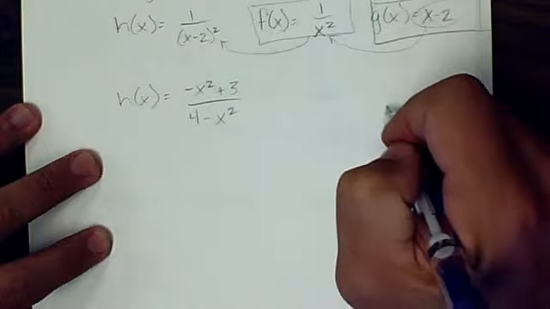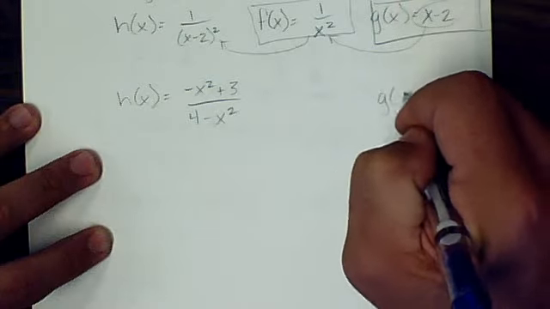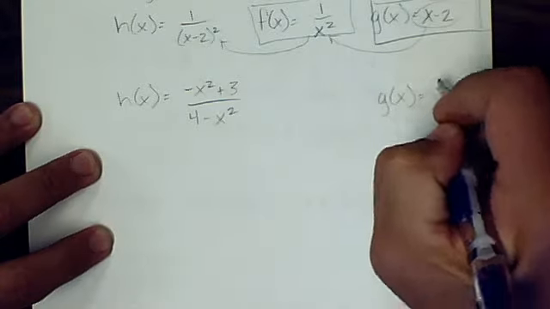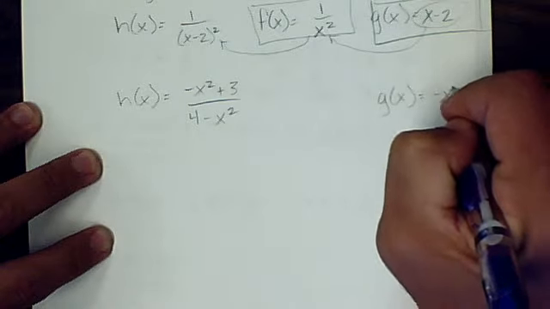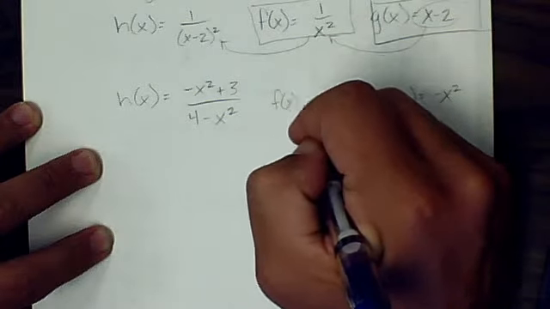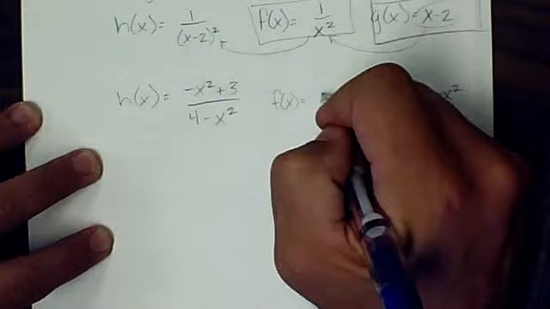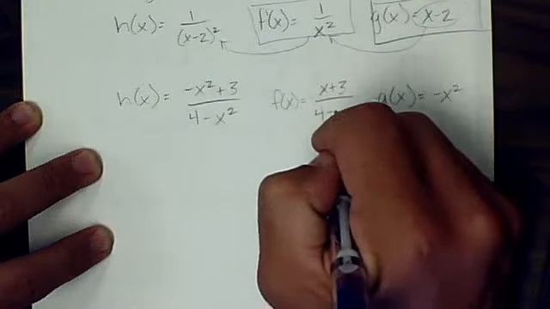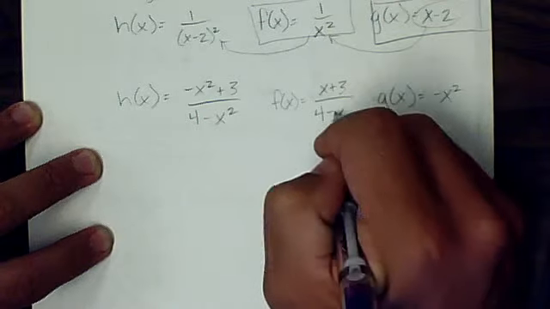So what I'm going to do is let my g of x, because that's my input again, my g of x is negative x squared, and I would need to plug that into x plus 3 over 4 plus x.